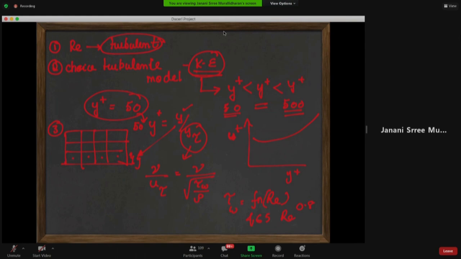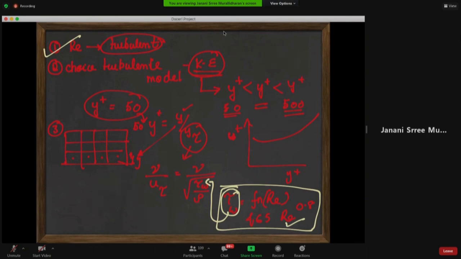So you do know the Reynolds number in your case, a rough bulk Reynolds number, and this is an experimentally obtained expression for bulk Reynolds number. So you will plug that in here and get a tau wall. So once you've got a rough tau wall, you plug that in here, you know your kinematic viscosity, you know the density, you know tau wall. So what do you know? You know U tau.